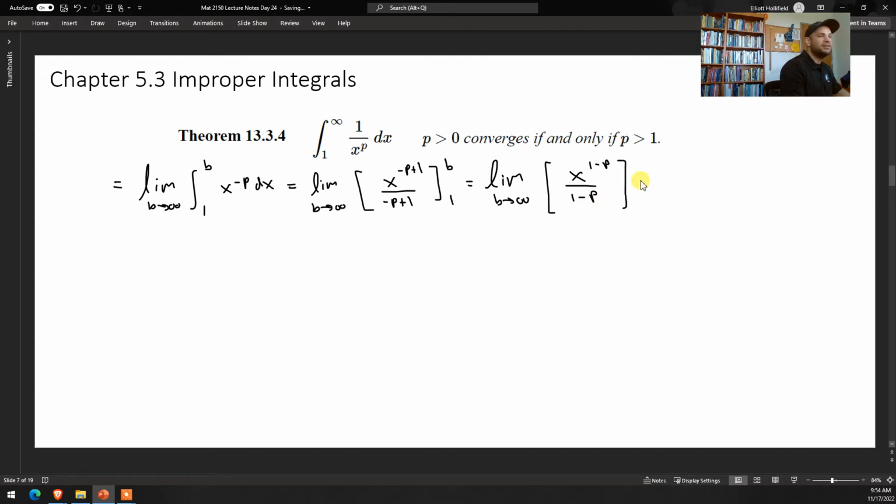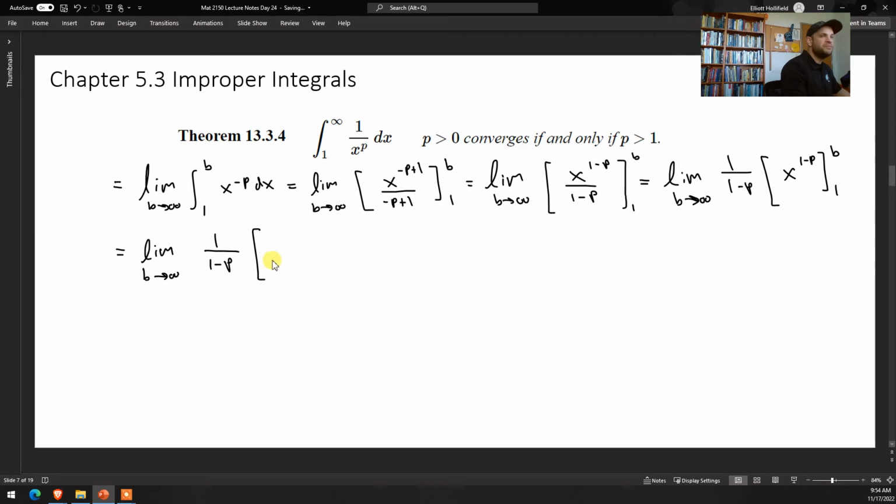Now we can bring this constant out front. That is 1 over 1 minus p times x raised to the 1 minus p evaluated in between 1 and b. Now we can do the evaluation.